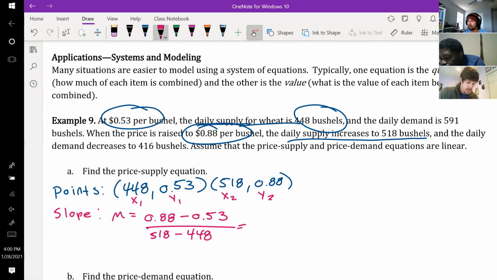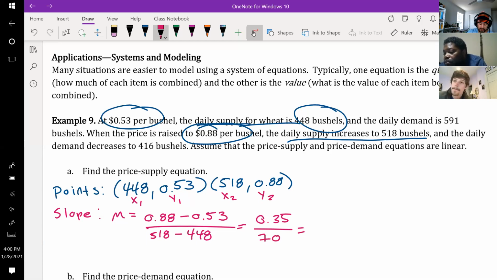Okay, let's go ahead and calculate this. 88 cents minus 53 cents, that I think is 33 cents? No, 30. What did I do? 0.88 minus 0.53, 0.35 over 518 minus 448, which is 70.